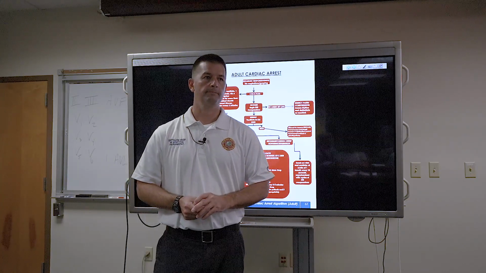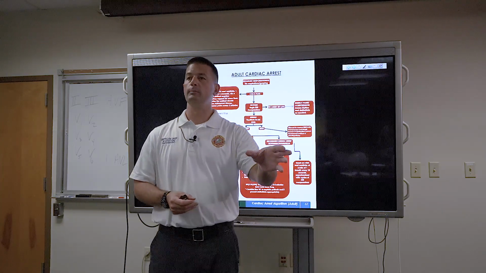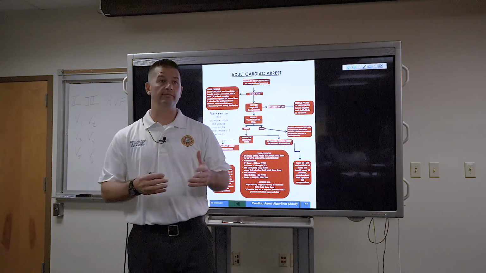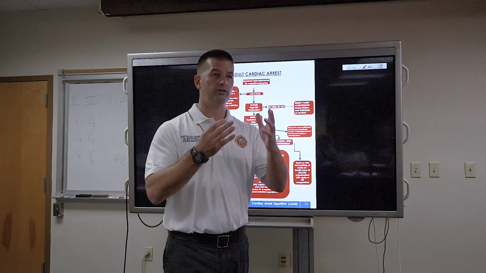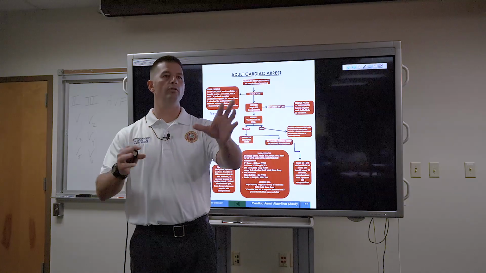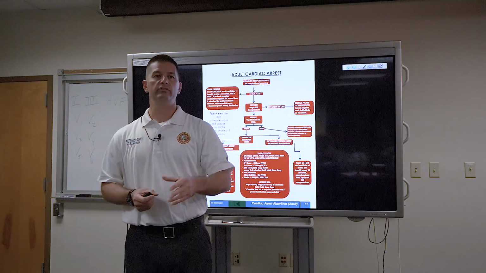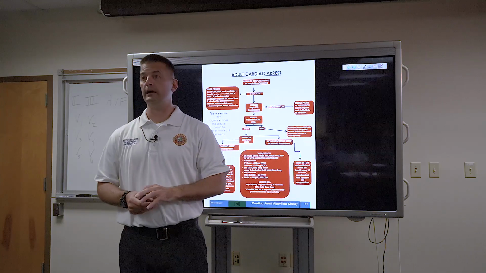And we've eliminated the bicarb, but that would be part of the H's and T's. So absolutely appropriate, specifically if you believe there's some sort of acidosis, so you start using your capnography elevated. All those things we've talked about with H's and T's in the past would still absolutely be appropriate to use bicarb.